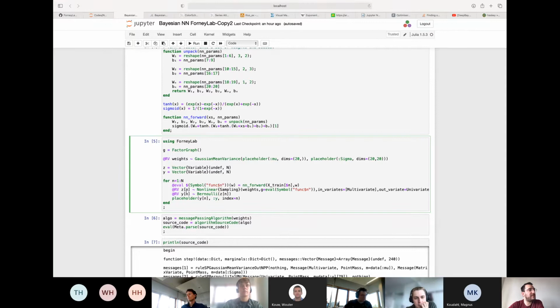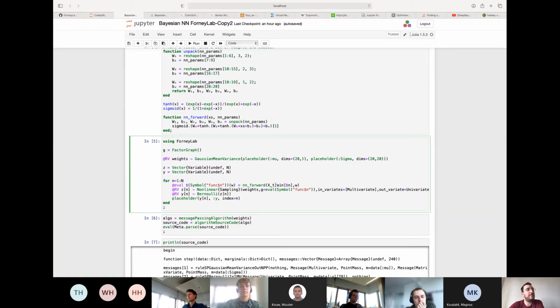Next you see that I have another variable Zn, which takes the weights as input, but these weights are shared among data instances, a global random variable defined here. But the function changes for every data instance.